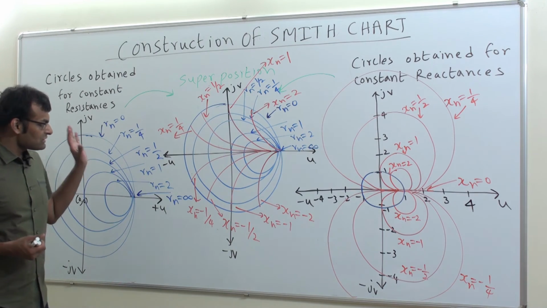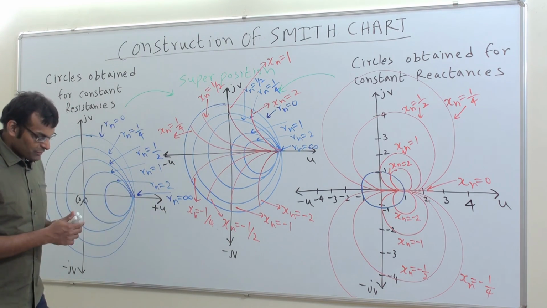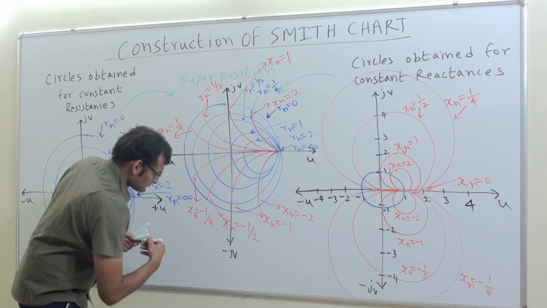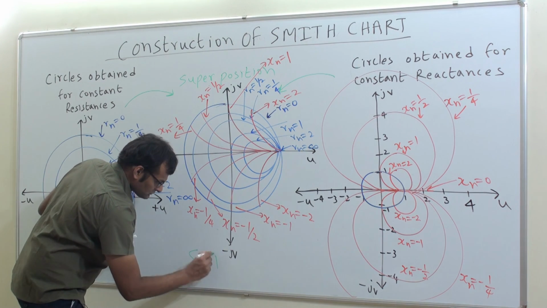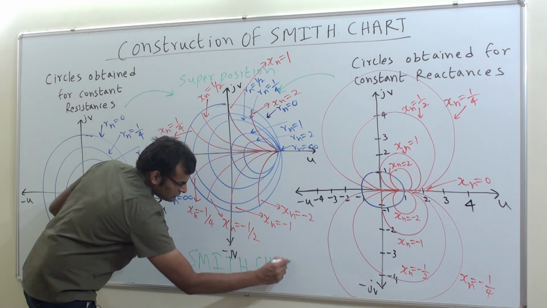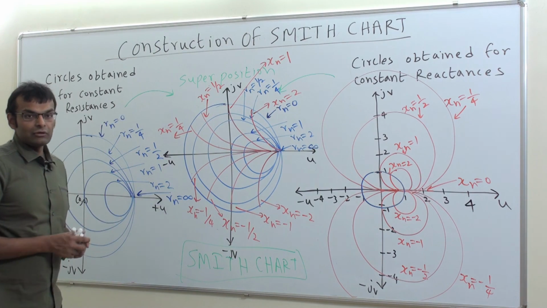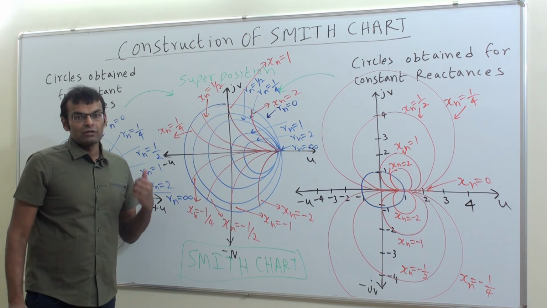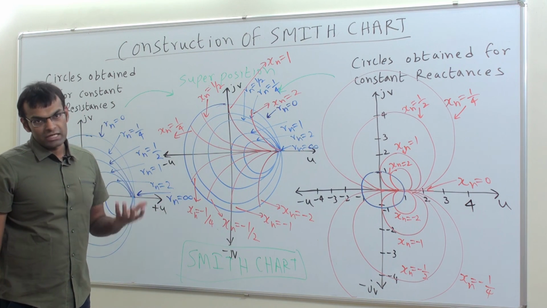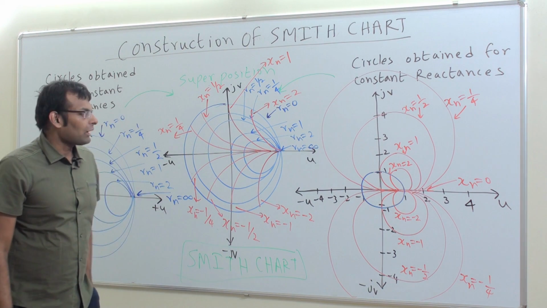We superimposed the resistance circles with the reactance circles and created a Smith chart. This Smith chart is used for calculating impedance, admittance, reflection coefficient, and we also use it to calculate the voltage standing wave ratio. The other part will be discussed in the upcoming videos.